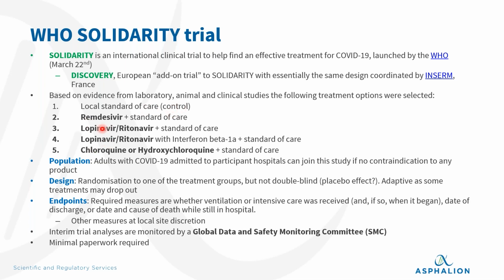So the 4 arms will include this compound remdesivir, which was used for Ebola as well as some other infections, Lopinavir and Ritonavir, which are used for HIV, as mentioned, with the same combination being used also with interferon beta 1A as a kind of immune stimulus.